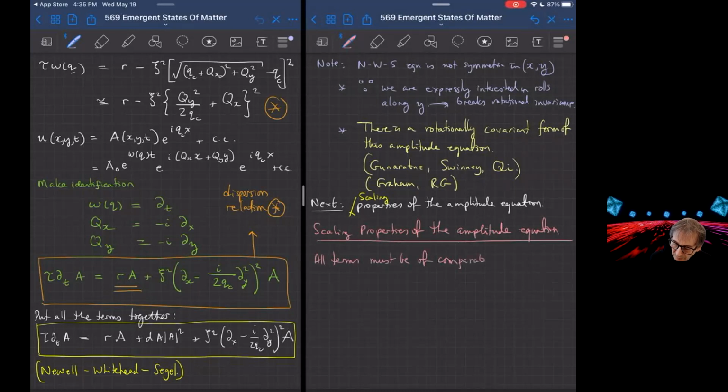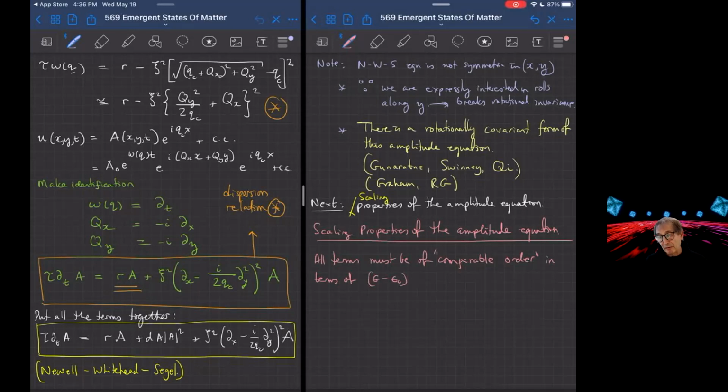And what do we mean by comparable order? Well, we're looking at scaling properties as we vary epsilon. So they must be of comparable order in terms of the variable that is the only one that really matters, which is epsilon minus epsilon c.